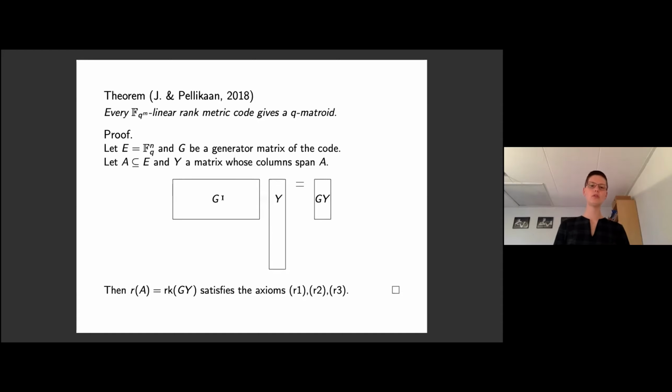And I also want to note that this way of calculating the rank maybe reminds you a bit of how we calculate the rank in the case of a representable matroid.